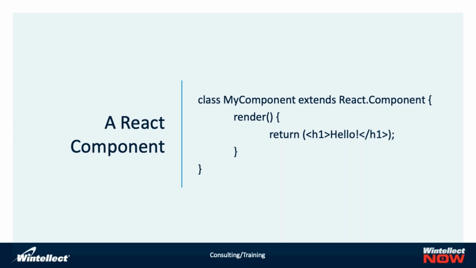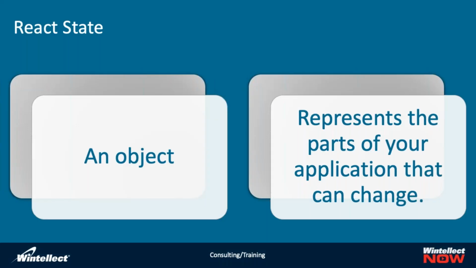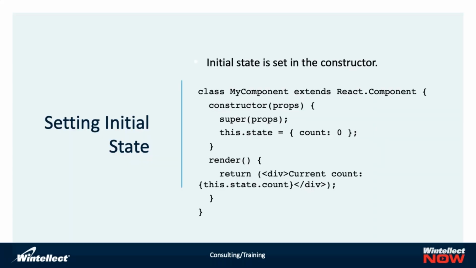And when you use this class method, you can use stateful data inside of the component, and you can define ways in which the user interface, the state of the application, can change, and that's defined in an object called the state object. And this state object is set inside of a constructor and then can be used to render dynamic output inside of your React components.